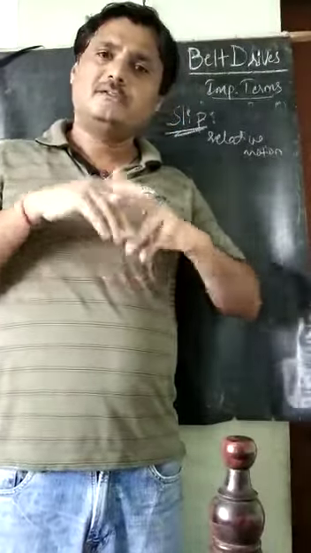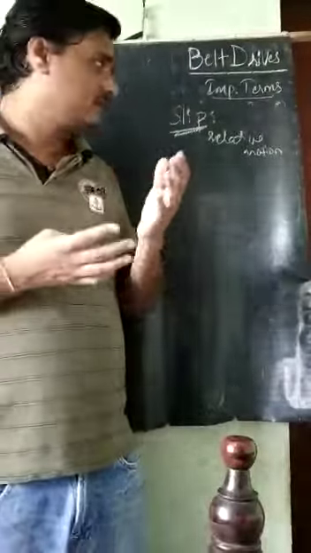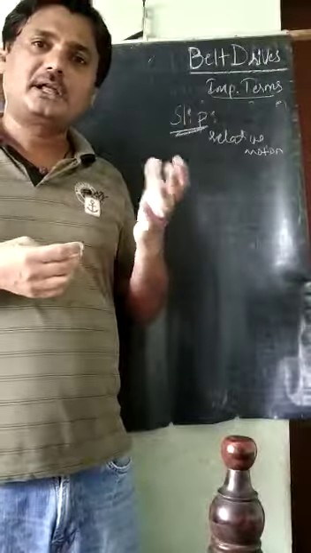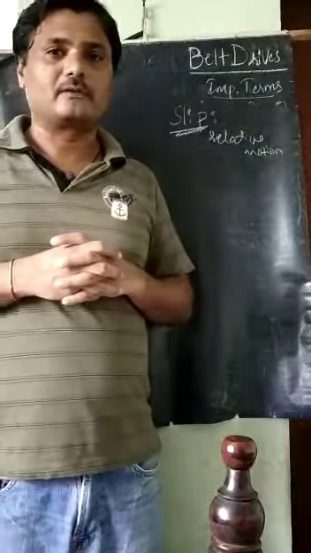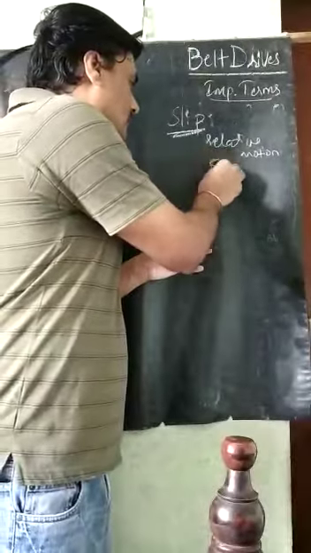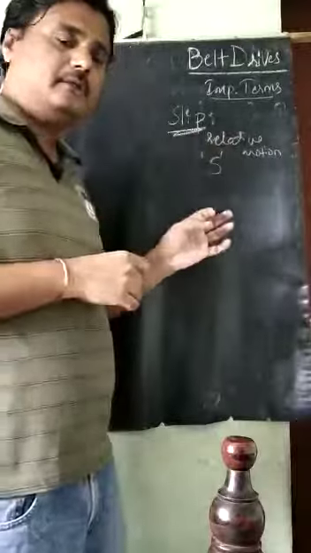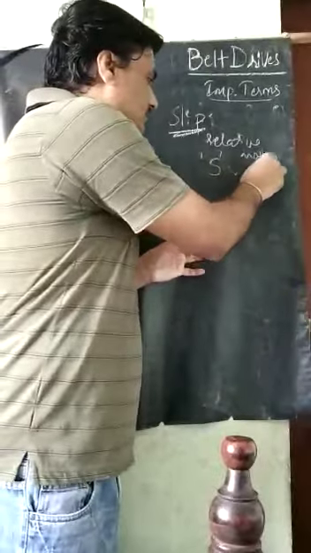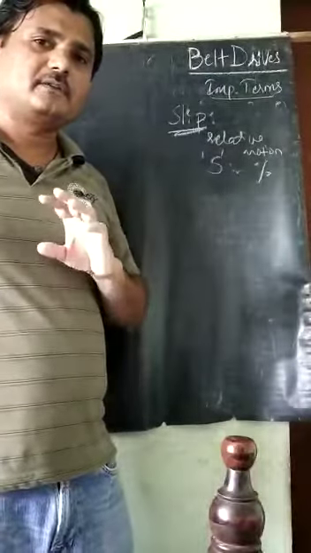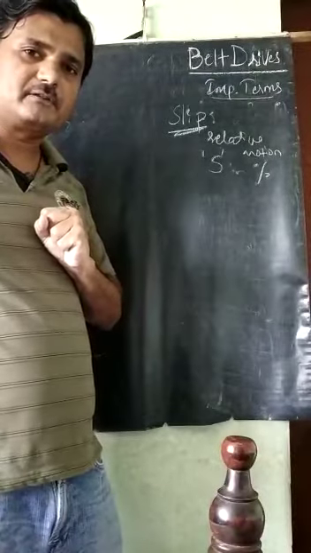This slip may occur on the driver side as well as on the follower side, both sides. So this slip is denoted by the symbol S, and it is measured in terms of percentage.